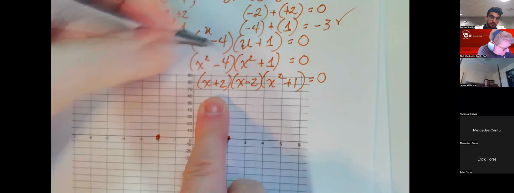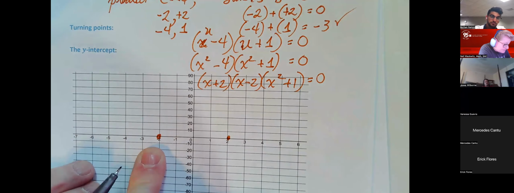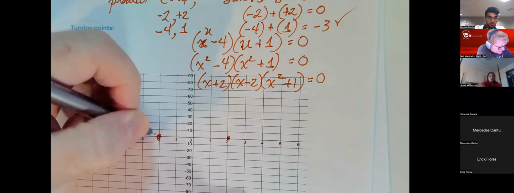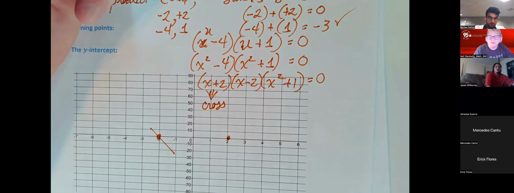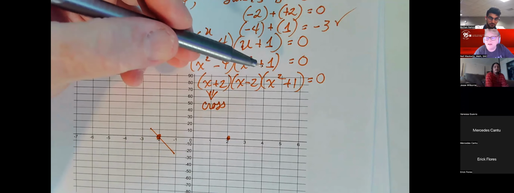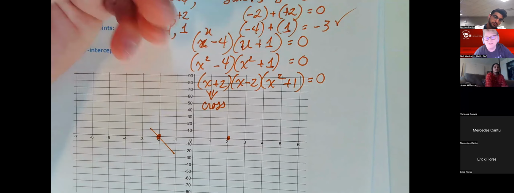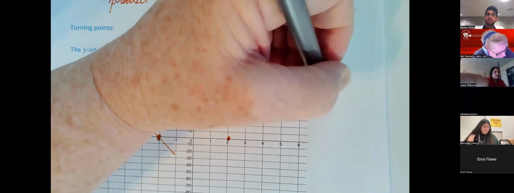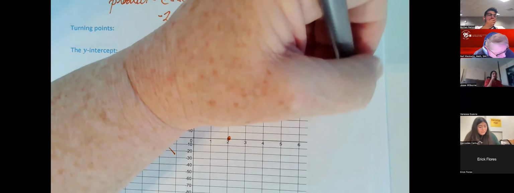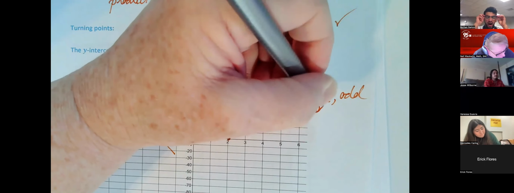So at negative 2, the graph will cross. What about the x minus 2 factor? It has an exponent of 1, so it'll cross at 2 as well, since the exponent equals 1, which is odd.